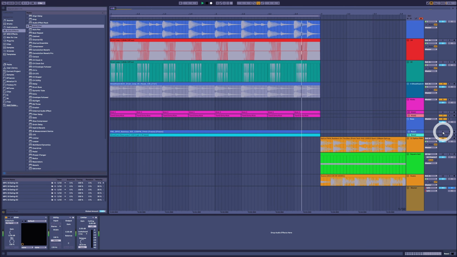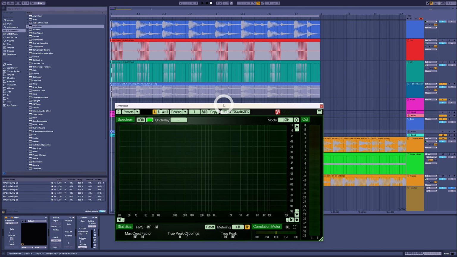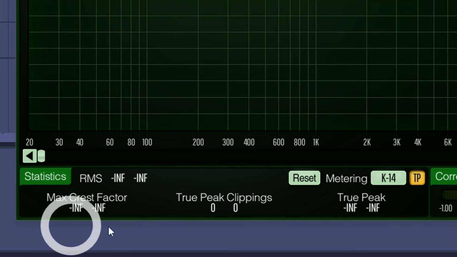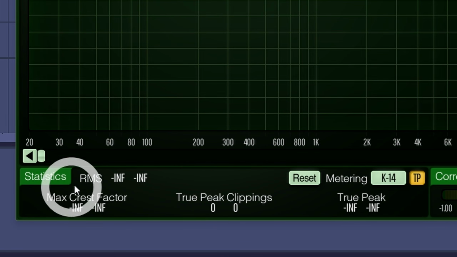Back to bass 1. Bass 2. Okay, let's check the average levels. Here is Span, one of the more reliable metering softwares. And what we're looking for is this RMS, root mean squared figure here.